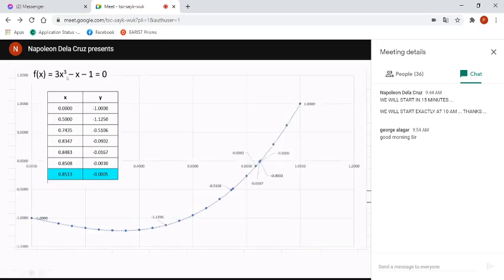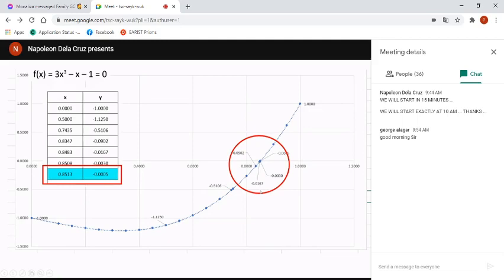Where is the root? There is the root. That the x is equal to 0.8513, and the f of x is negative 0.0005.